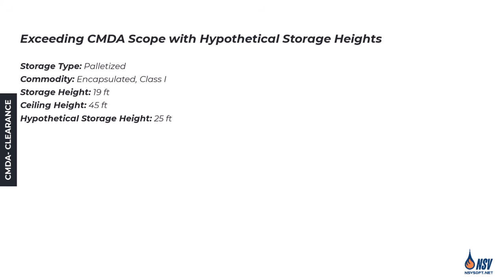Therefore, CMDA criteria could not be applied, and we would need to follow alternative design approaches using CMSA or ESFR sprinklers. We can conclude that while many sections of NFPA 13 do not explicitly limit the ceiling height for CMDA sprinklers, the maximum clearance criteria inherently enforce a ceiling height limitation.